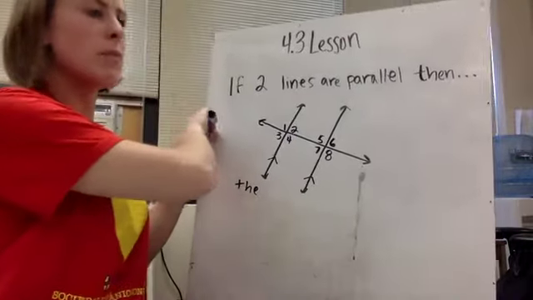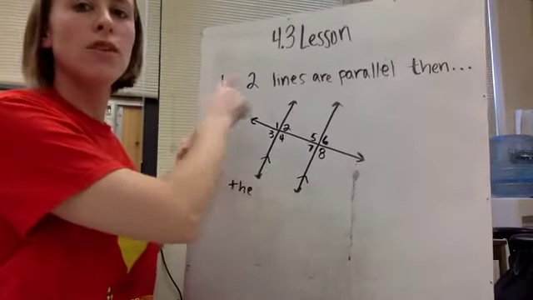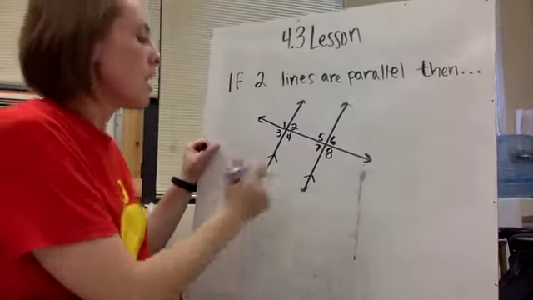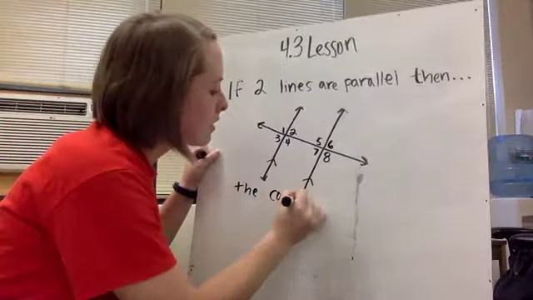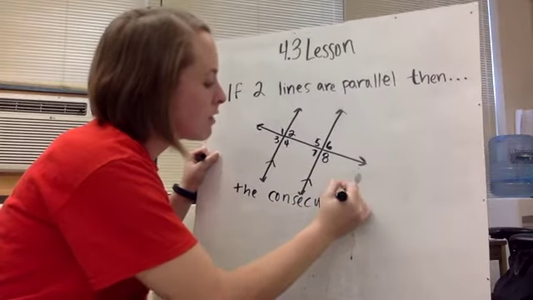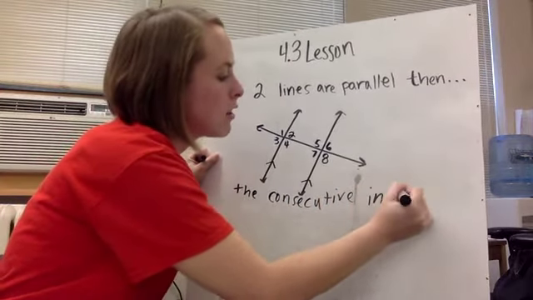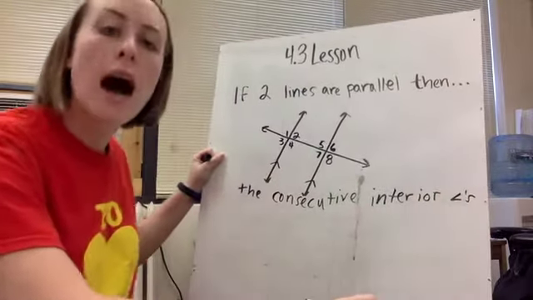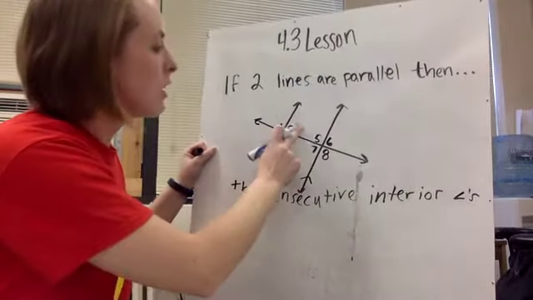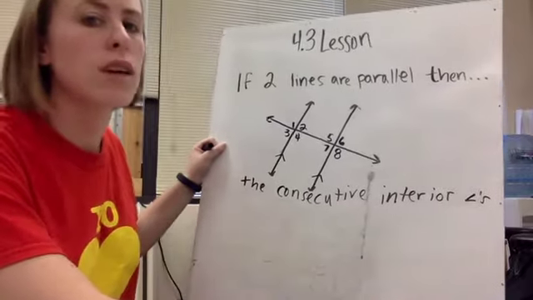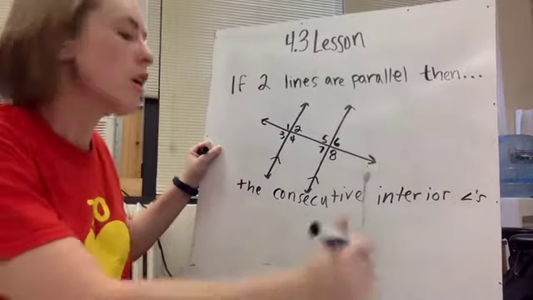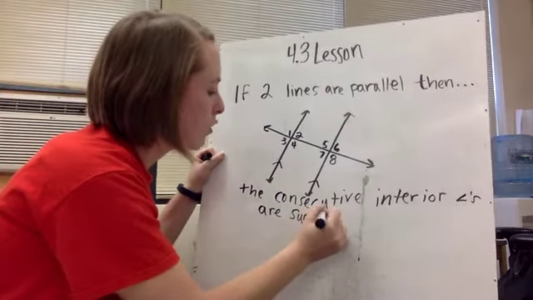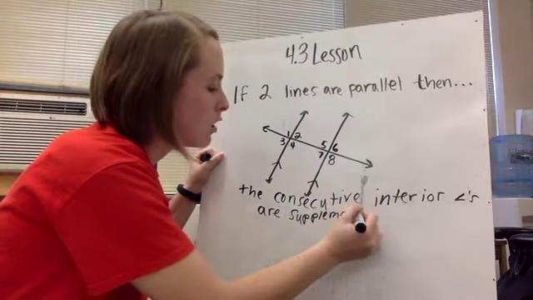So the last part of the lesson says that, again, if two lines are parallel, the lines have to be parallel for these to work, then the consecutive interior angles are going to be different than all the other ones. The consecutive interior angles are not congruent. If you're looking at angles 2 and 5, angle 2 and angle 5 will not be congruent. They are supplementary. So make sure you're writing everything that I write down on your notes.